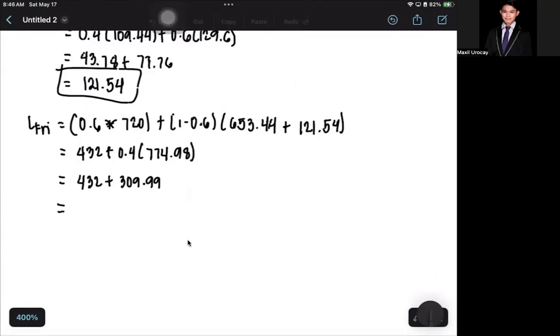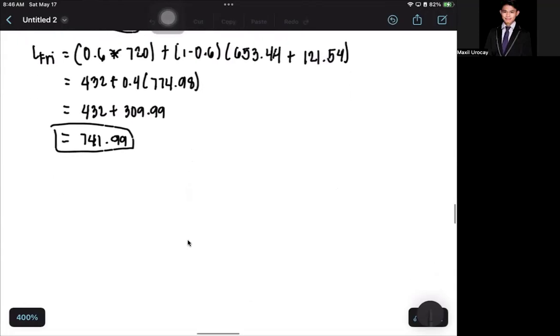So plus 432, that will become 741.99. Okay, that is the level of Friday.